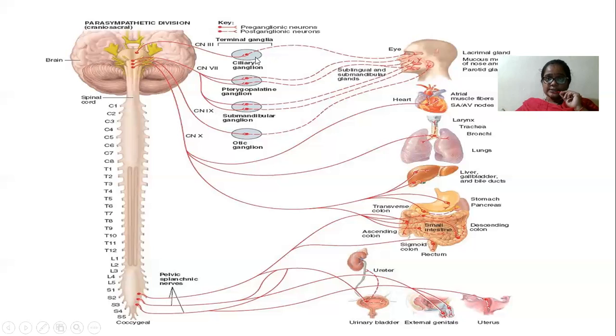But the oculomotor nerve is especially for the eye region, and some gland regions also.